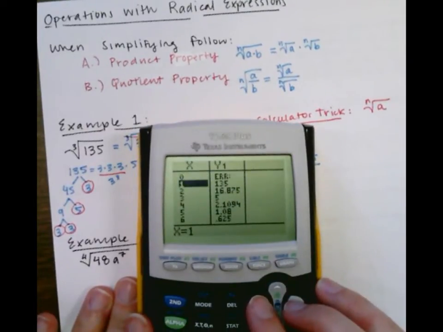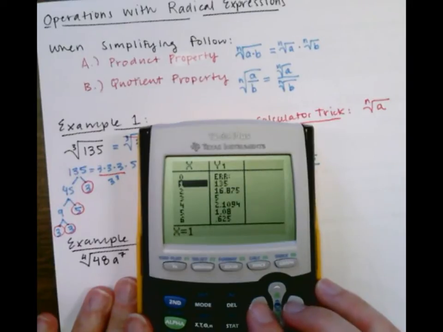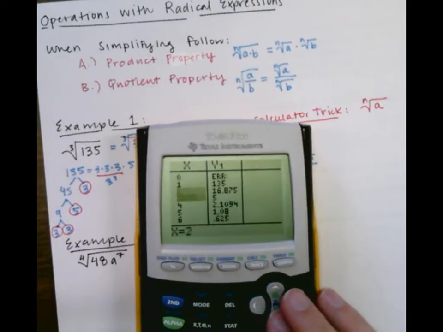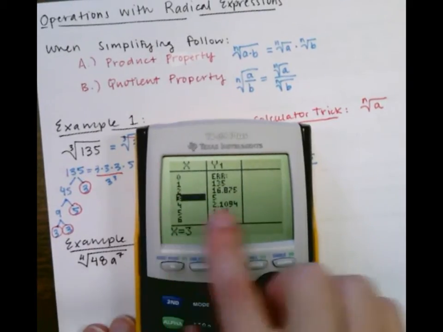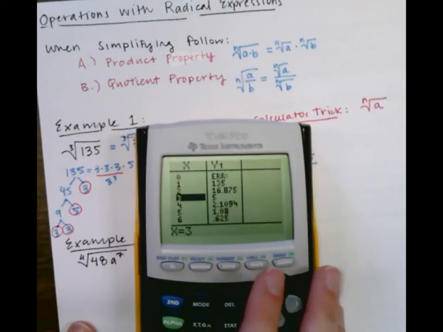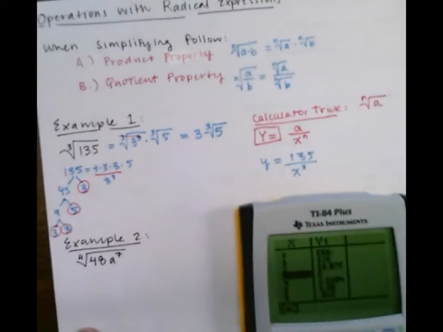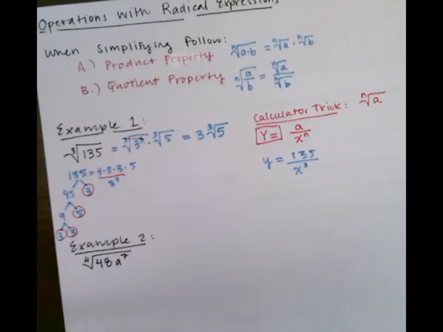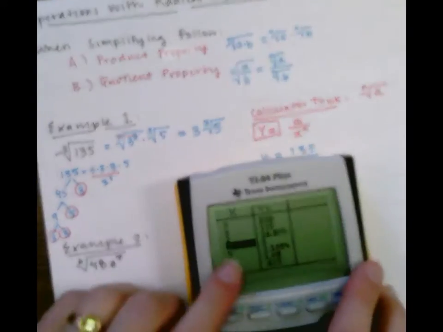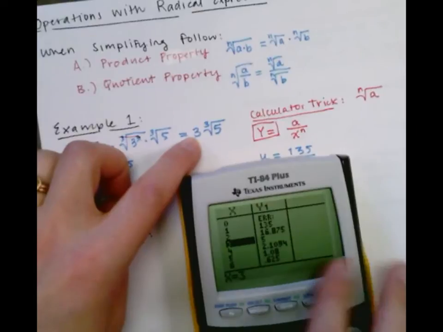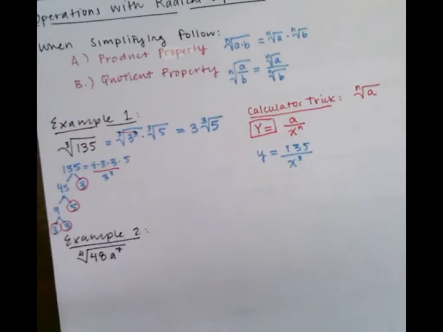I have 1 and 135, but that's the trivial situation. Then if I scroll down, I see 3 and 5. The x value tells us what number can come out of the root. If you look here, this 3 is that 3, and the 5 is that 5.